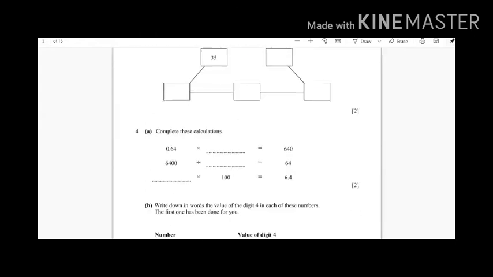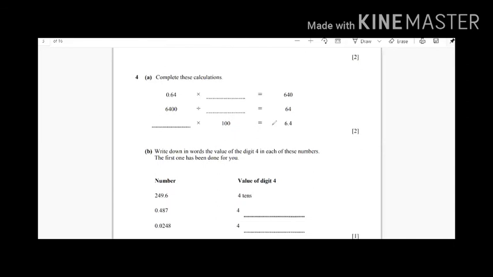Now see this one. You will divide now and shift the decimal. So 64 multiplied by what to make 640? Multiplied by what to make 640?